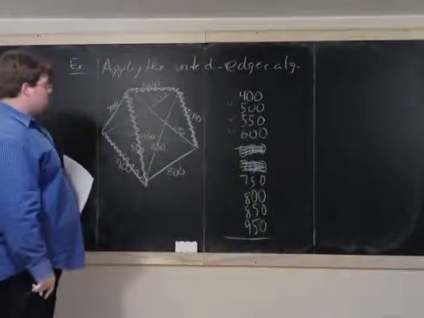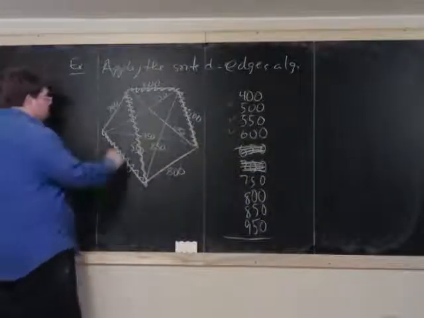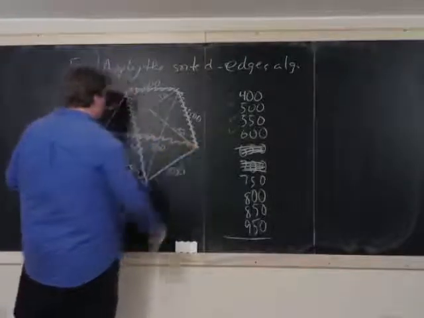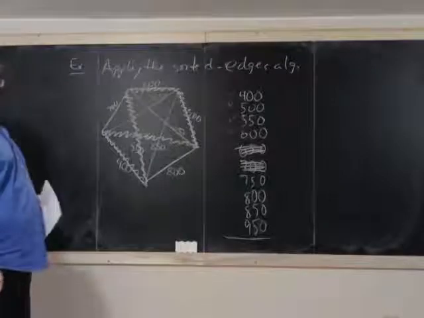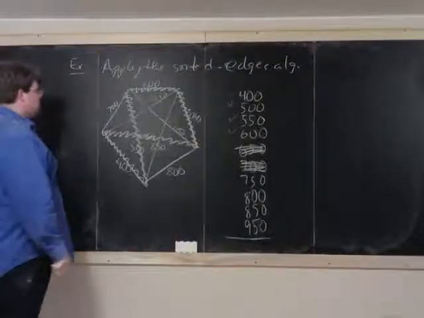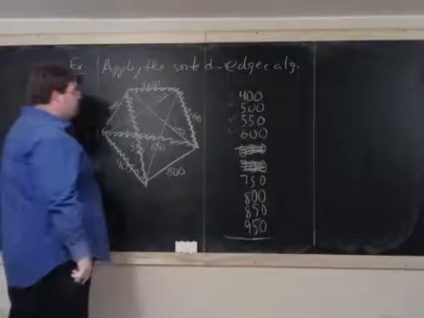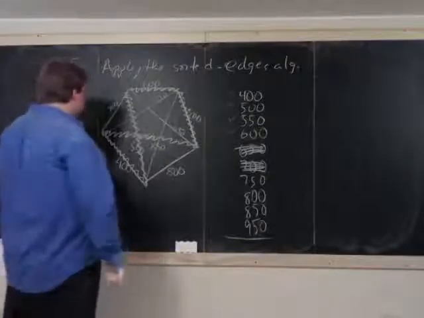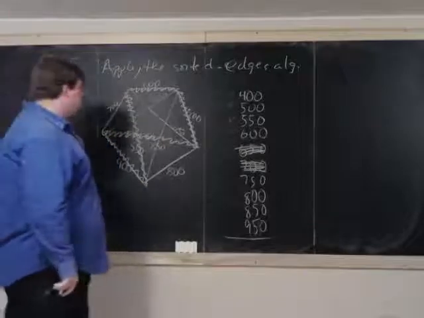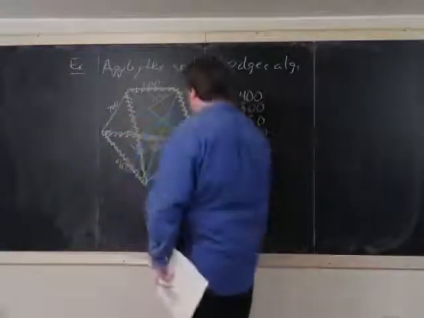What about 750? Well, 750 would be this one. That creates a cycle, but it creates a cycle that goes through all of the vertices. It doesn't produce a vertex with 3 things going into it. So that's okay. Any of these others that you add, you can't add.